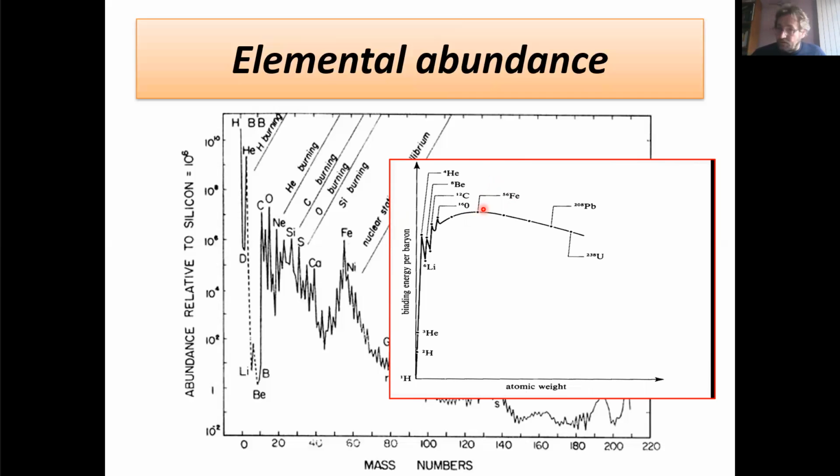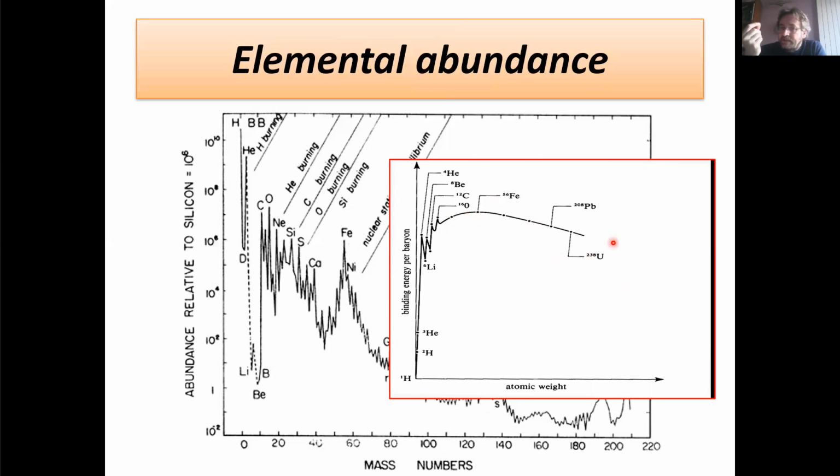But it's a common misconception. Iron-56 is not the most tightly bound nucleus. It's just that all these fusion processes end there, because it's in this mass region where the binding energy per nucleon is highest. So from there on, we decrease.